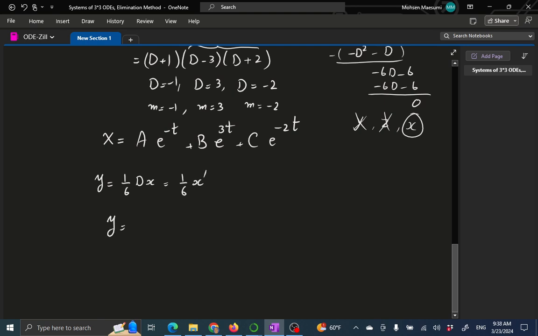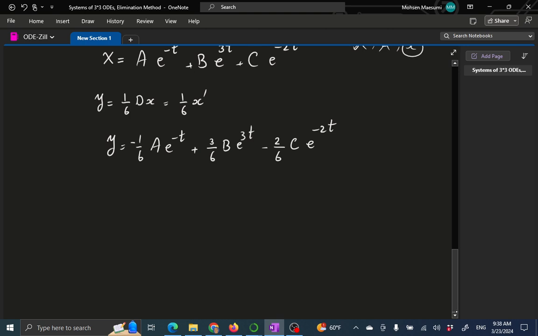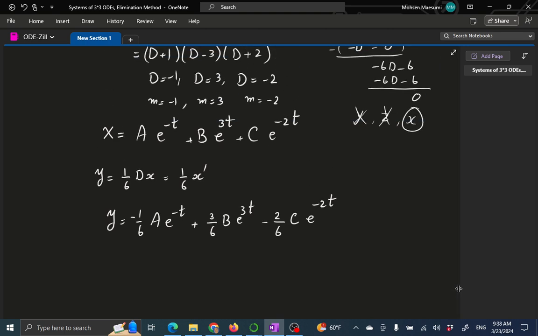So I take a derivative of this: I have 1/6, the derivative of this gives me a minus 1/6, and a factor of 3 comes from here, 3/6 of b exponential of 3t, and a factor of 2 comes here, 2/6 of c exponential of -2t. You can simplify these if you wish, but we can see where these numbers come from. These were the exponents that we had at the beginning.